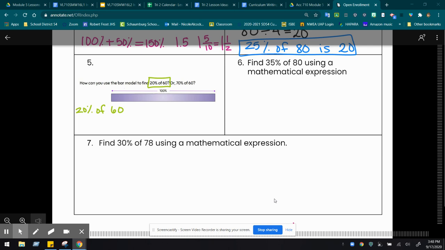I'm not so good at it, but I'm going to do the 10%. I know that there's 10% in 100%. So I'm going to divide the bar into 10 equal pieces.